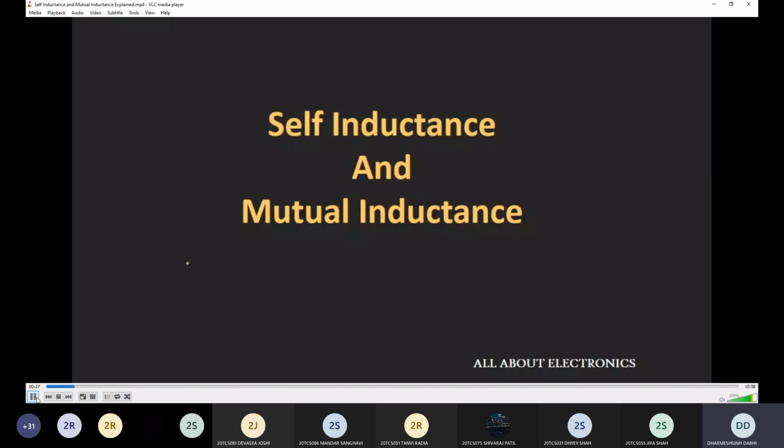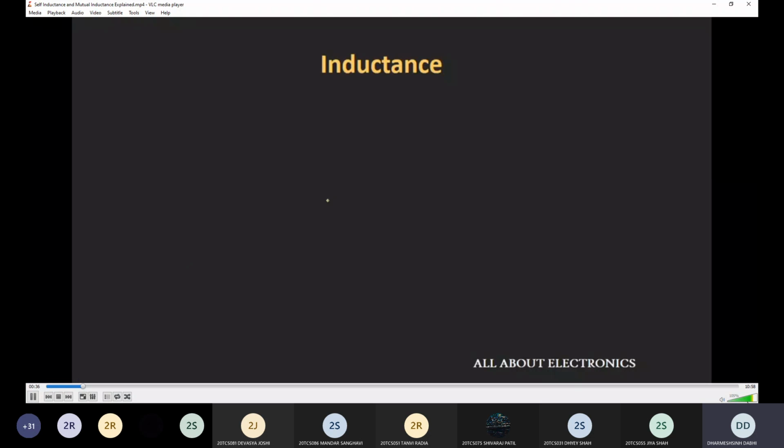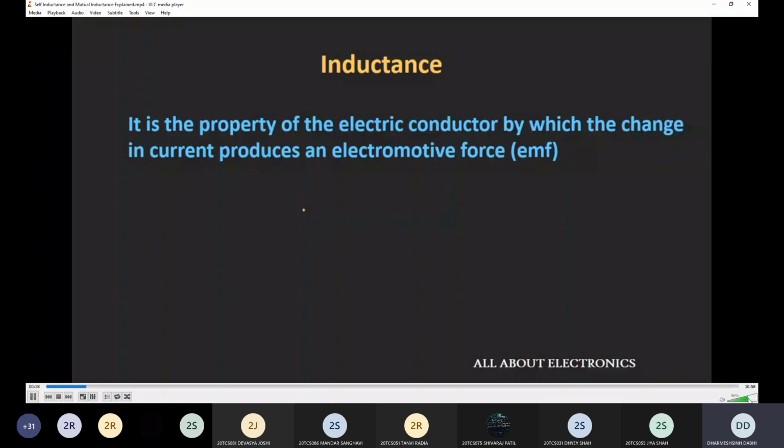We will understand the concept of self-inductance and mutual inductance, and then derive the expressions for them. So let's first see inductance. It is the property of an electric conductor by which the rate of change of current produces an electromotive force, or EMF. Let us say we have one coil and current I is flowing through it.